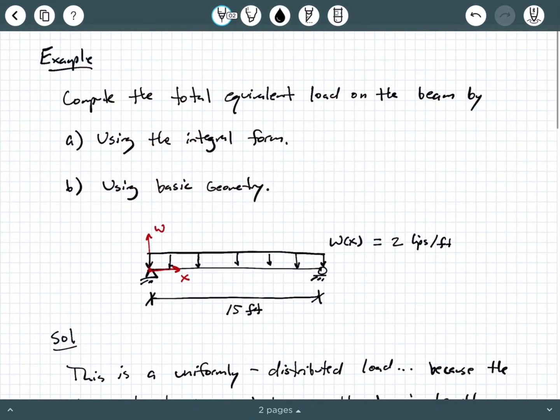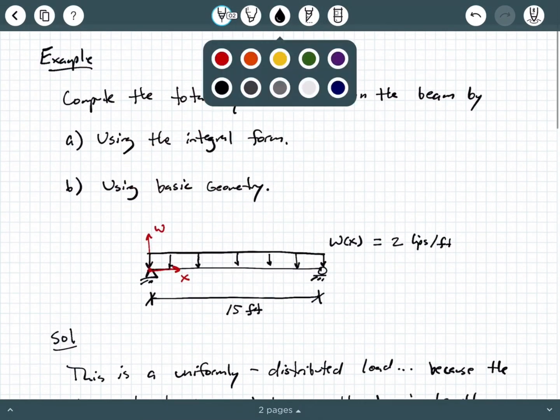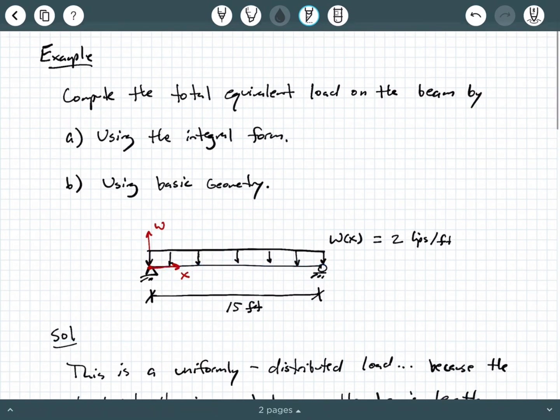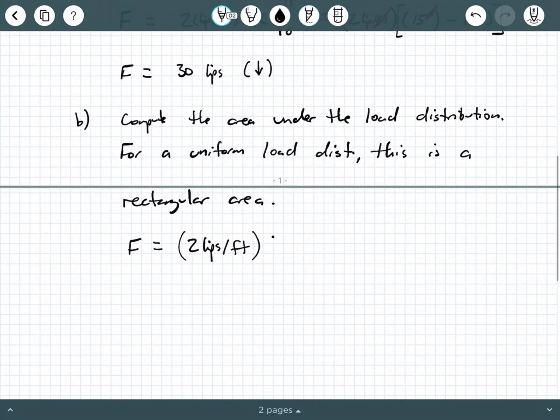Okay, what do you think that represents? Well, the 2 kips per foot represents the height, and then the length is the 15 feet. Height times length gives you the area of a rectangle. So we say times 15 feet, and of course, this is 30 kips, and it's still pointing down.